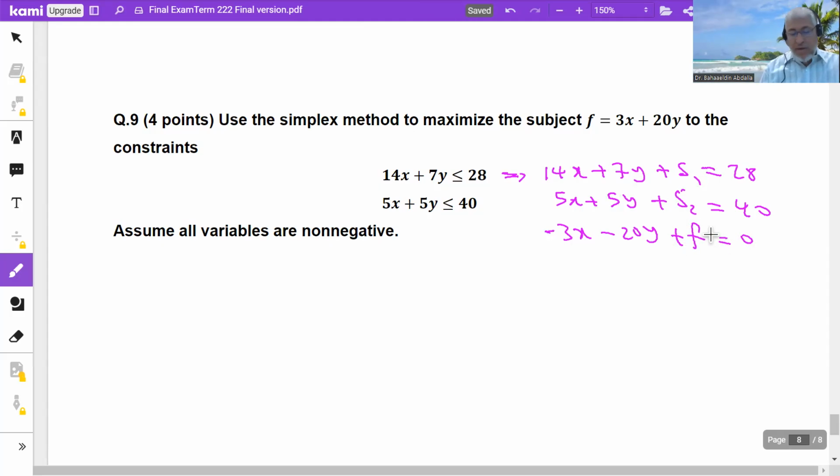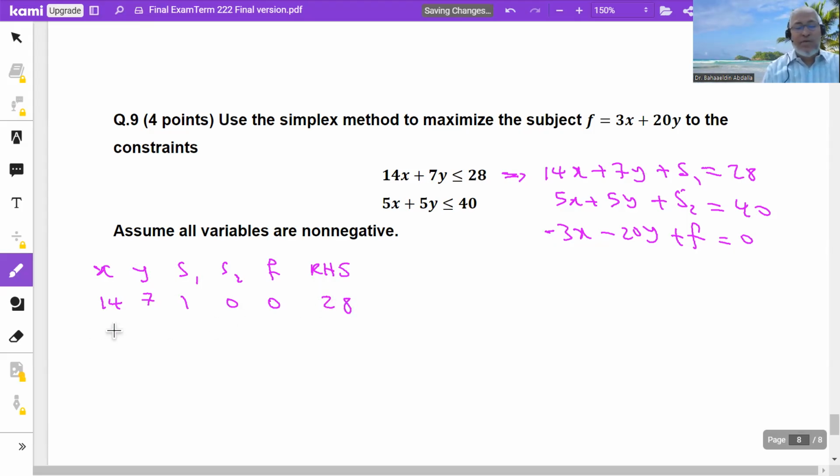And then I write the first table. So I have x, y, S1, S2, F, and the right-hand side. These are the coefficients. In the first equation, the coefficients are 14, 7, 1, 0, 0, 28.